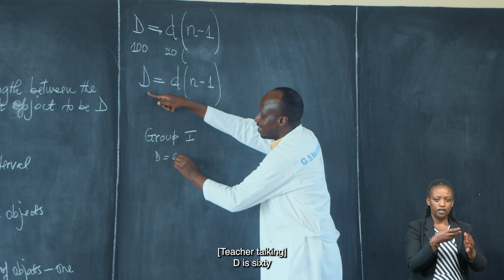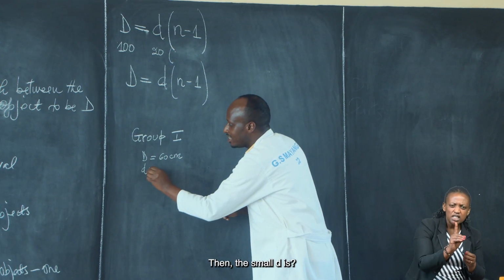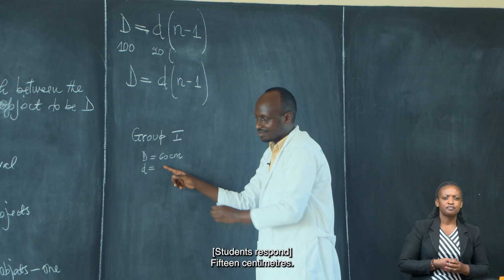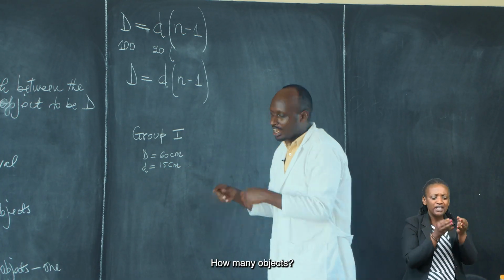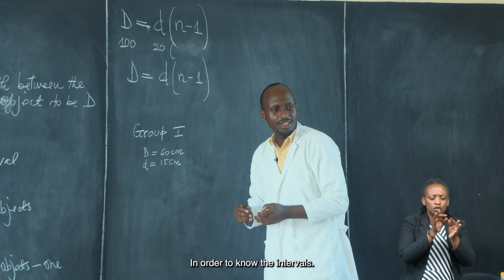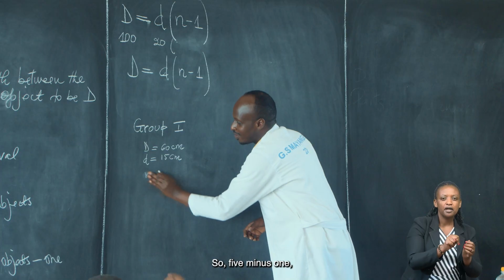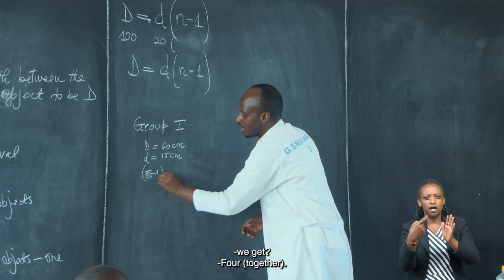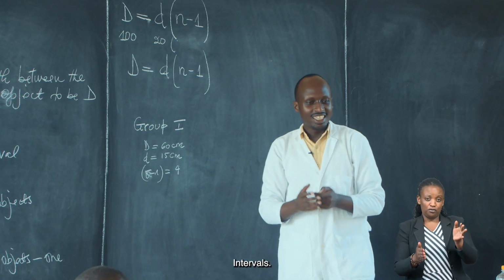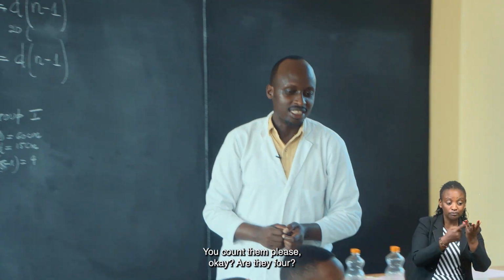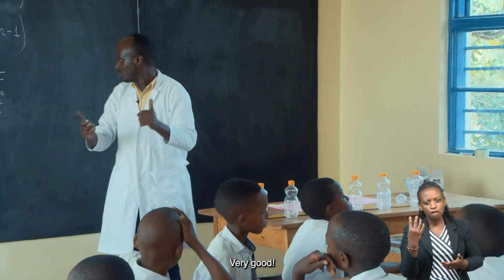D is 60 cm. Then the smaller d is 15 cm. How many objects in order to know the intervals? So n is 5, and 5 minus 1 gives us 4 intervals. You count them, please. Are they 4? Very good.